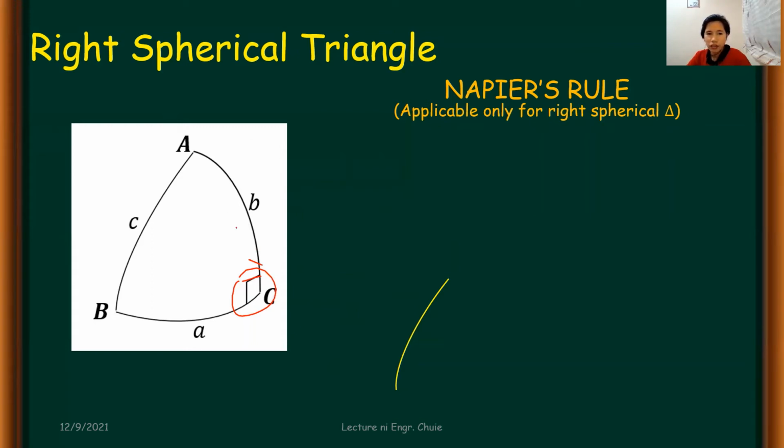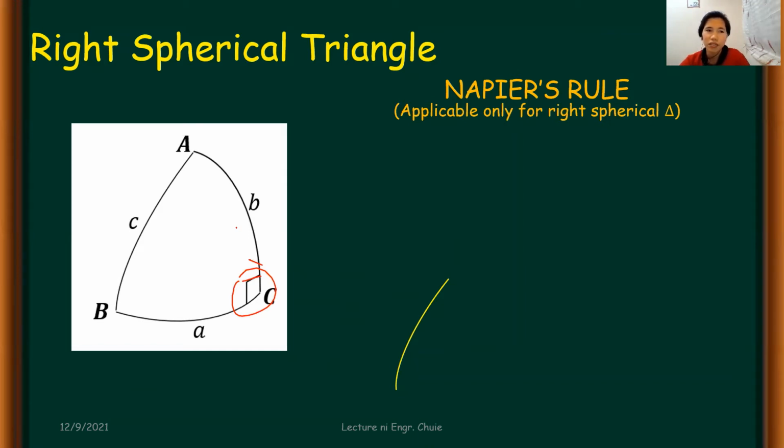So, sa plane triangle, if we are given with the right triangle, we can use either the Pythagorean theorem, or we can apply directly sine law to compute the remaining parts or remaining elements of the triangle.